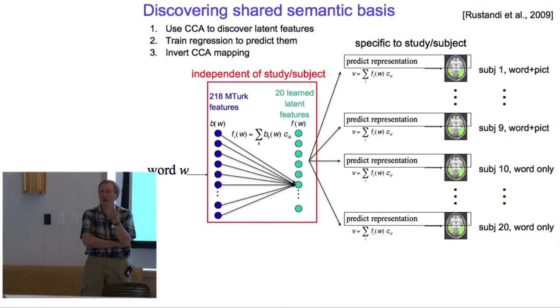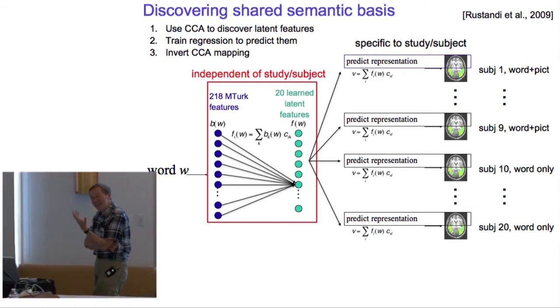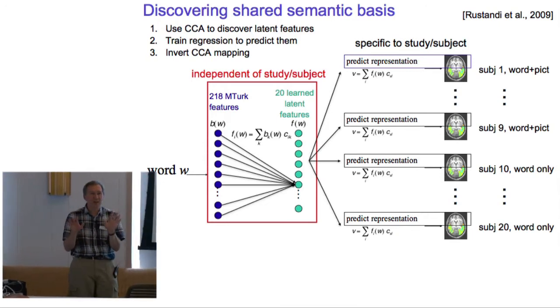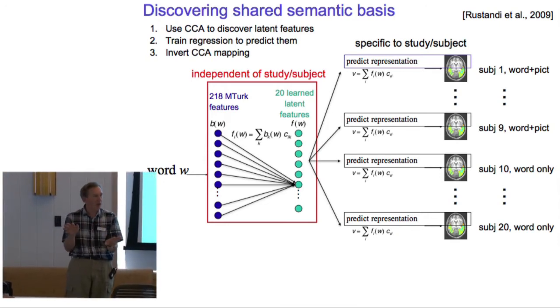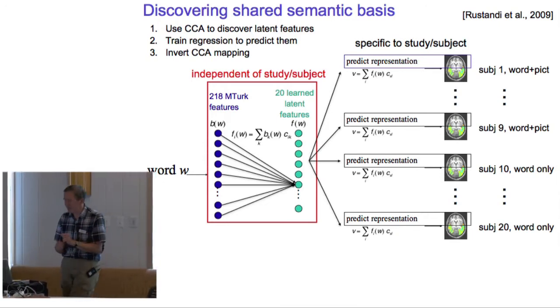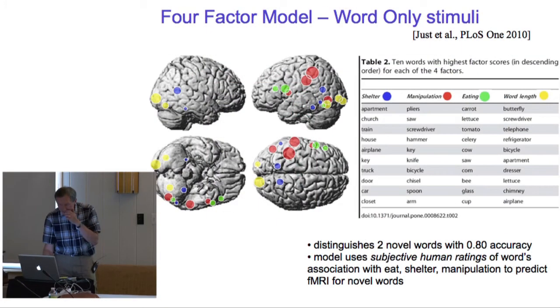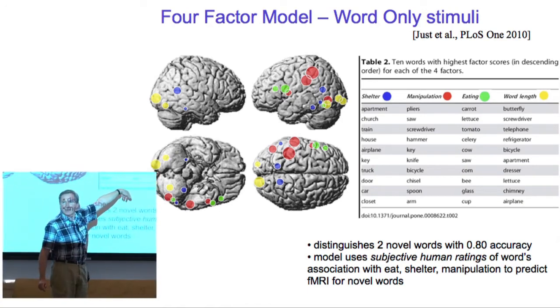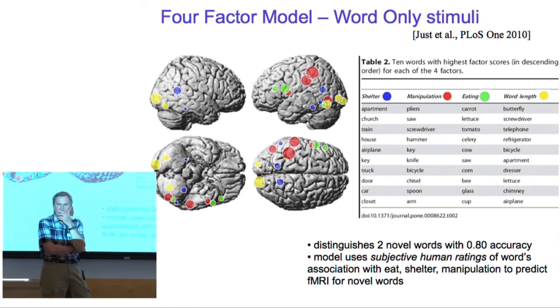Remember when I said I don't know quite what to call this component, but maybe it's shelter? Well, we did this again with factor analysis. We only used the words-only stimulus data, so there were no line drawings or pictures involved in this stimulus set. And when we did it, we got the following 4 top components that came out of the factor analysis.